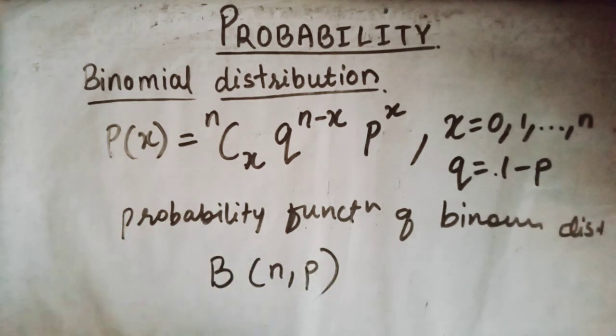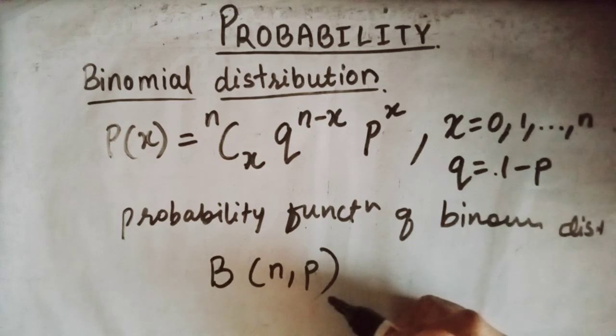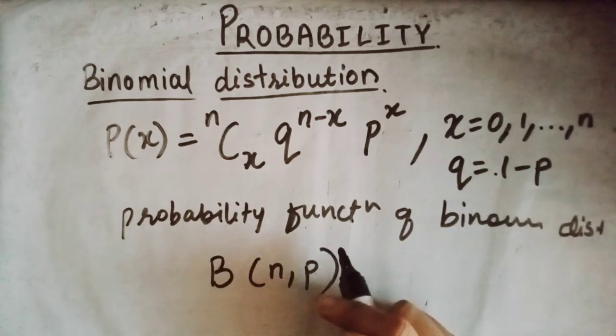So it is for n Bernoulli trials. This is the binomial distribution, denoted by this symbol. So we have to use this formula to solve the problems.